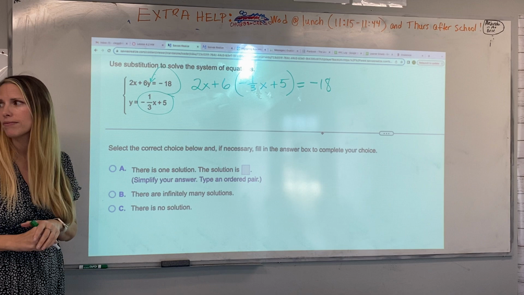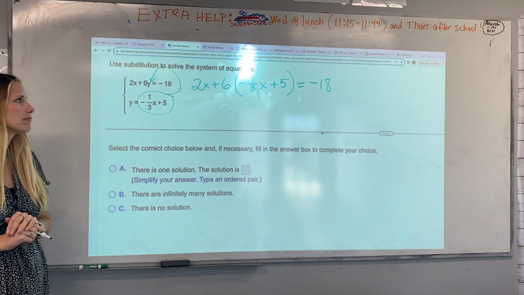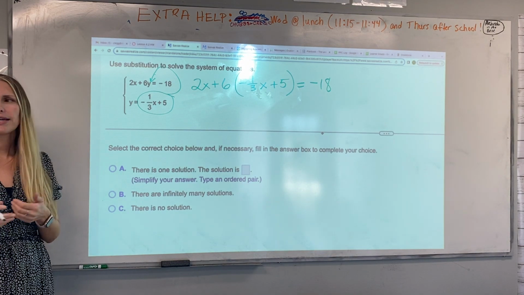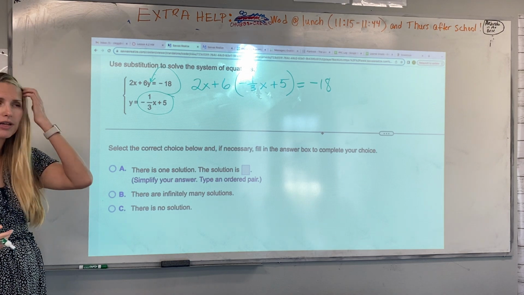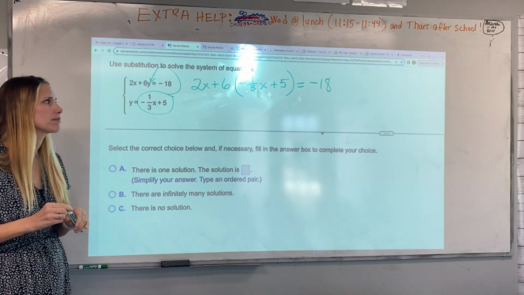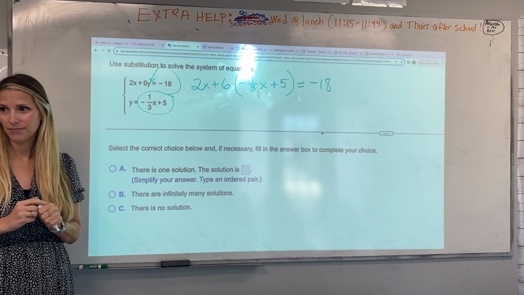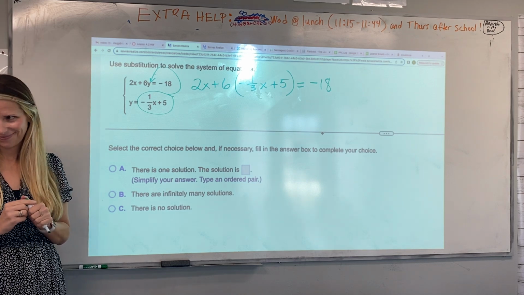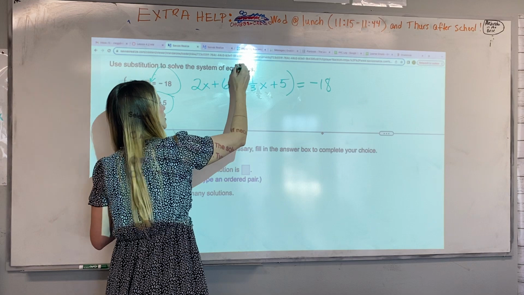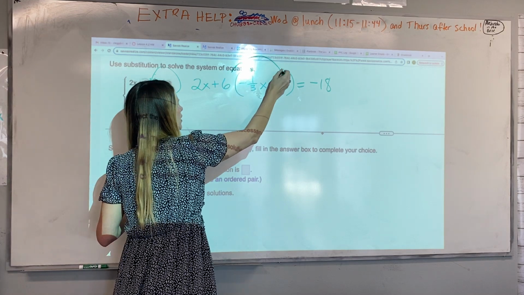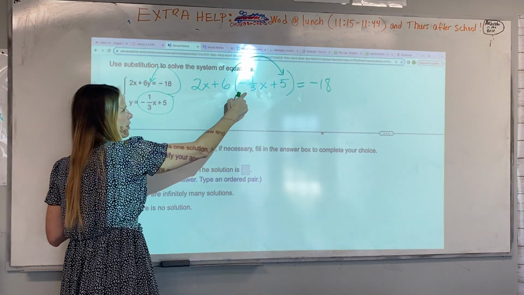Now what do we do? Just solve it. Simplify and solve. What do we do first? Do we add 2x to 6? No. Oh! Distribute. So we do 6 times negative 1/3.